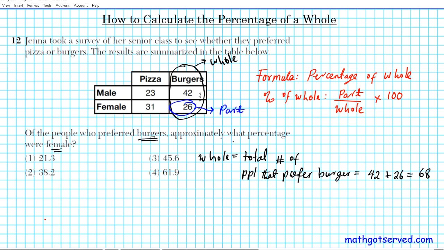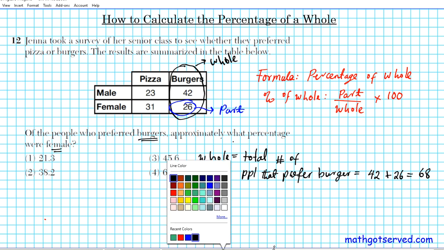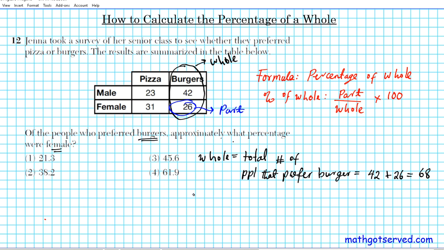Okay, so 26 out of the whole represents a fraction of females that preferred burgers. So let's indicate what our part is. In this problem, the part is given by the number of females that preferred burgers.